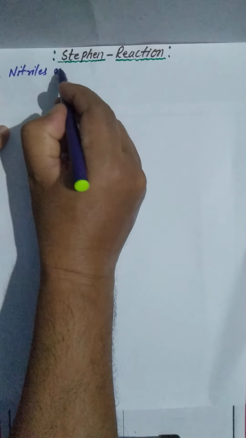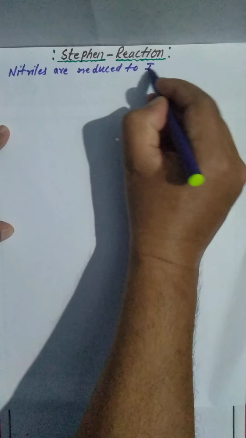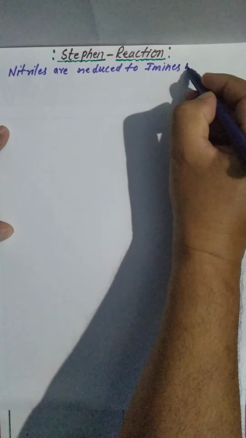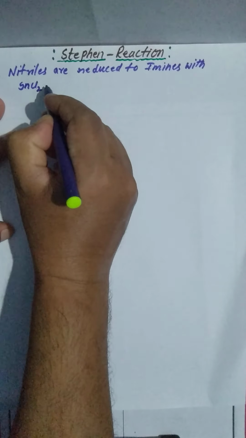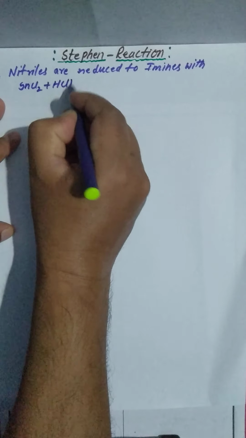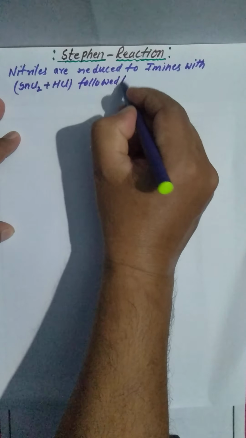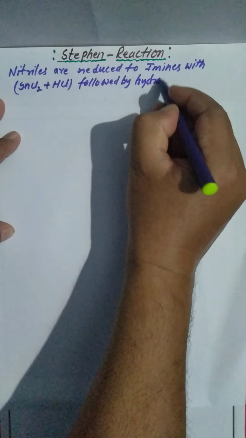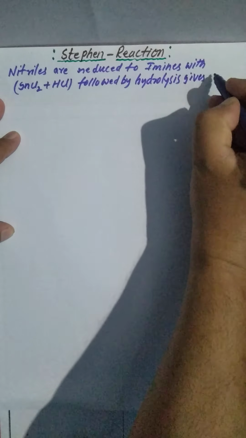Nitriles are reduced to imines with tin chloride, that is stannous chloride, and HCl, followed by hydrolysis, gives aldehyde.